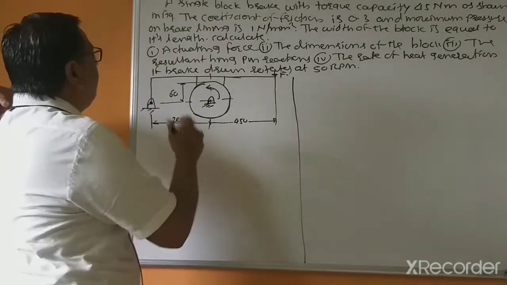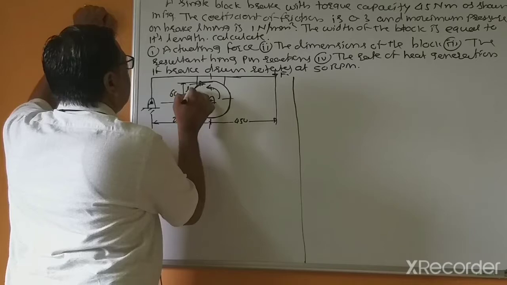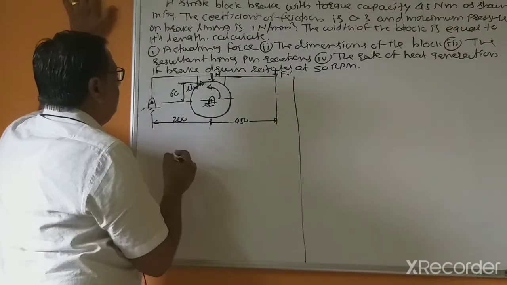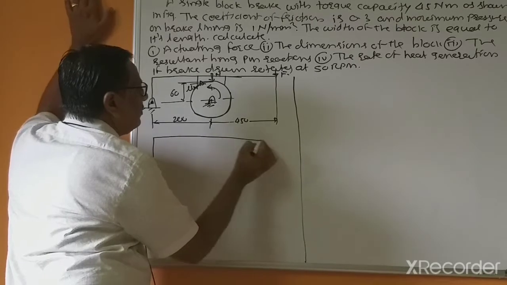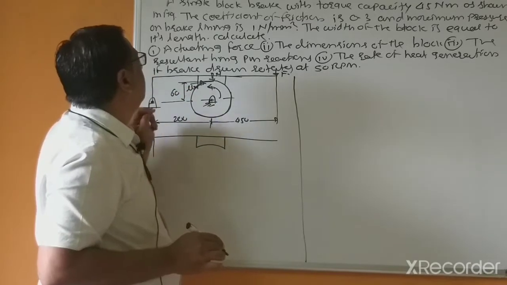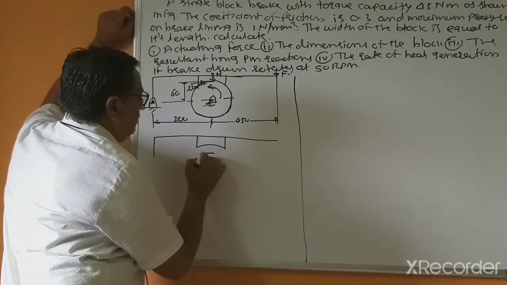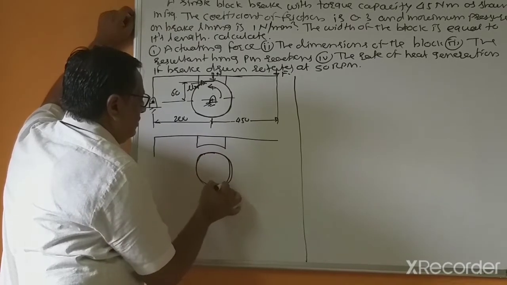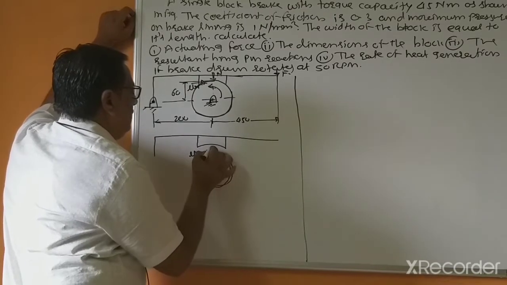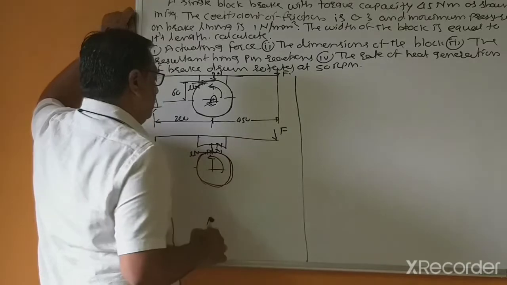First I will draw the free body diagram, because this is rotating anti-clockwise, so the frictional force acting here is mu N, the normal force N, and this is P. So first we'll draw the free body diagram of the lever. Here N is upward and F downward.